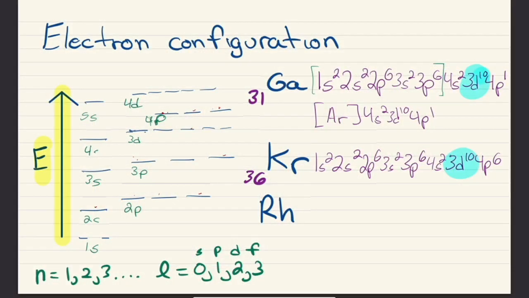Okay. We should also take a look at rhodium's atomic number, which in this case happens to be 45. So we should have 45 total electrons listed in our electronic configuration. Now, I'm not going to fill all of these in.